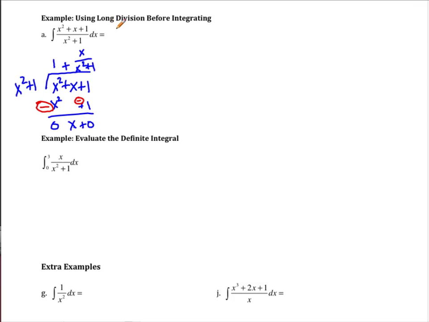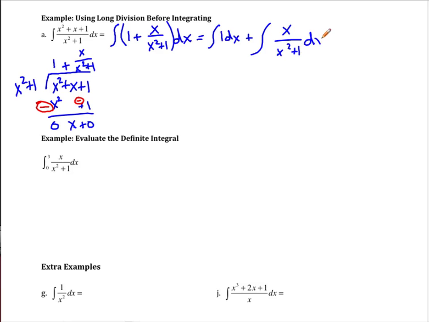And so let's rewrite this integral now as the integral of 1 plus x over x squared plus 1 dx. Okay, and let's separate these into two integrals here. So the integral of 1 dx plus the integral of x over x squared plus 1 dx.